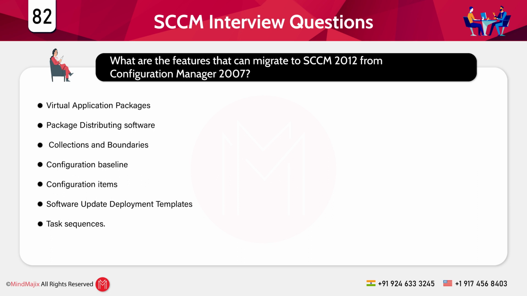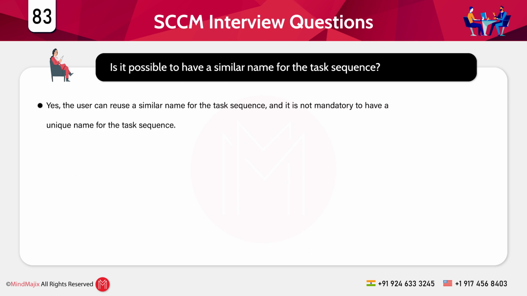There are a few features that can migrate, and those features are virtual application packages, package distributing software, collections and boundaries, configuration baselines, configuration items, software update deployment templates, and task sequences.